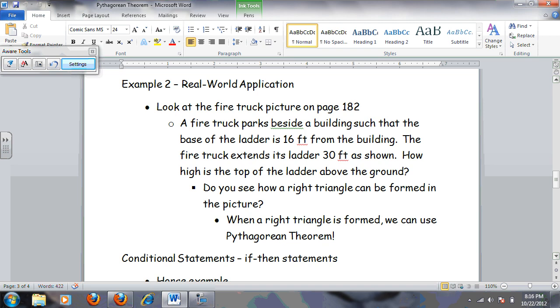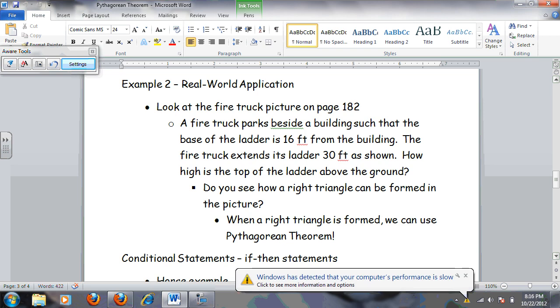So looking at the picture, the distance the ladder is from the building, 16 feet, and the height that it is extended, 30, form the leg and the hypotenuse of a right triangle. Because the truck is parked next to the building, the building and the truck form a right angle. Do you see how that is formed?